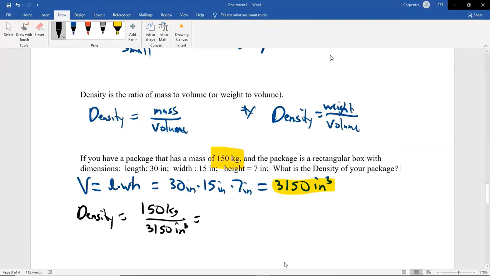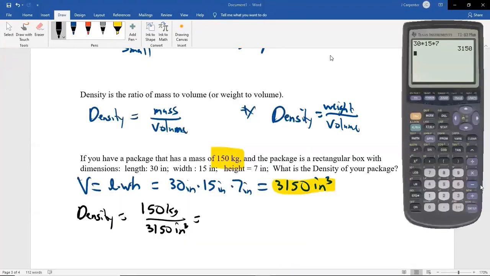So let's see what we get when we do this. 150 divided by 3,150. And you get 0.047619, blah, blah, blah. Let's take that to 3 decimal places just for a little more accuracy, which would be 0.047, but the 6 tells us to round up, so the 7 becomes an 8. So 0.048.